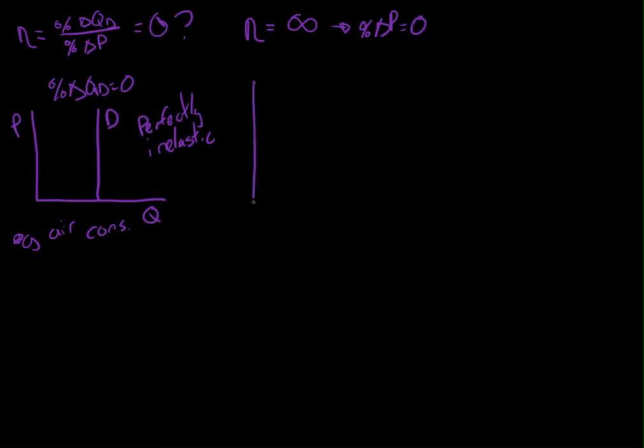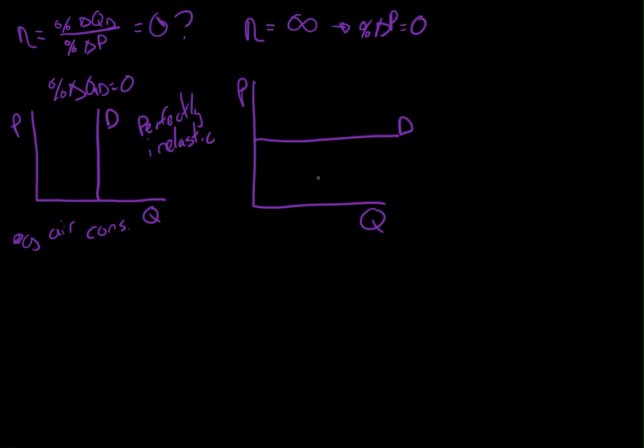As usual, I have my price and my quantity. But now I have to have a situation where if I change the price by a very small percentage, it's going to change my quantity demanded completely. So at this price here, this is my demand. If you were to increase the price just a little bit, there would be no more demand. Okay, again, this is an extreme scenario.